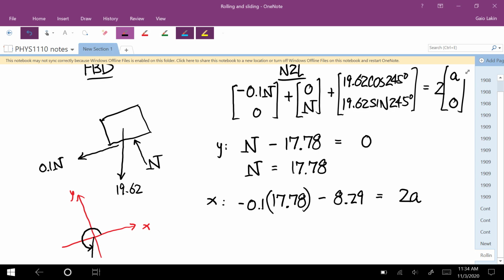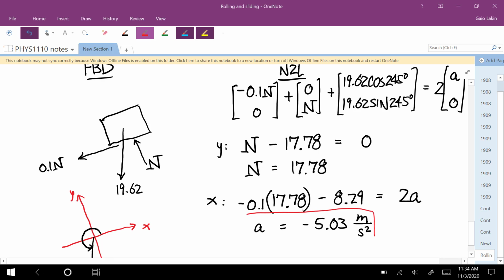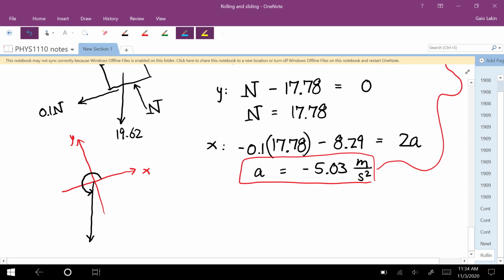If you solve this, notice the only variable left is a. So you can solve for a. You get a is equal to negative 5.03 meters per second squared. Well, we want the acceleration vector, so take this value and plug it into our acceleration vector like we represented it in Newton's second law.